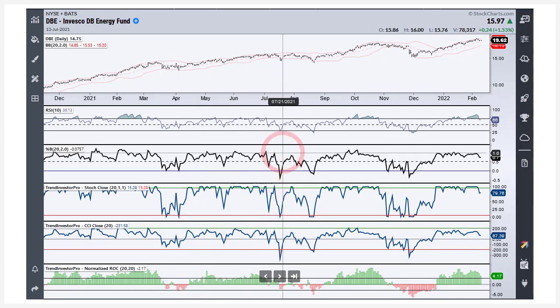If we go to July, we can see that 4 of them were oversold: RSI, percent B, Stoch Close, Commodity Channel Index, but the Normalized Rock was not. And then we go to August, and we can see that all 5 became oversold. So that was a very oversold condition there.